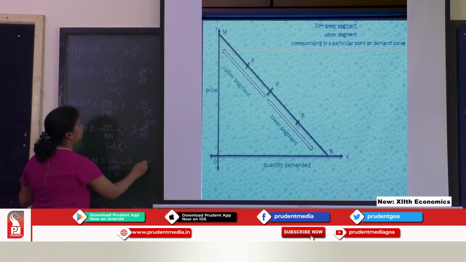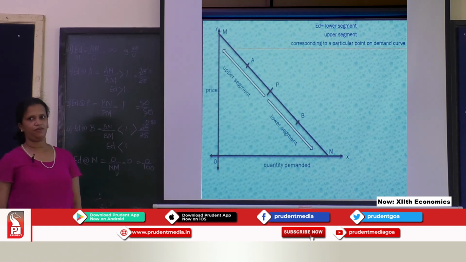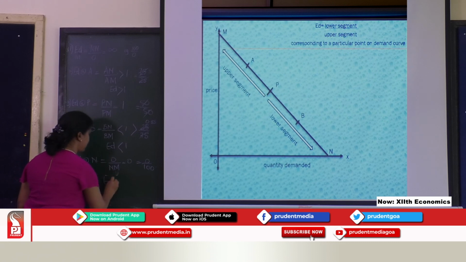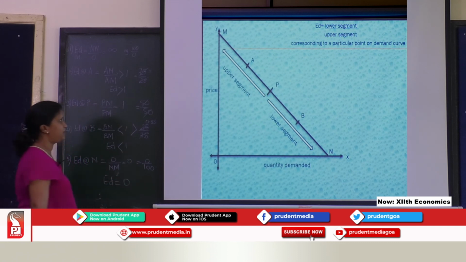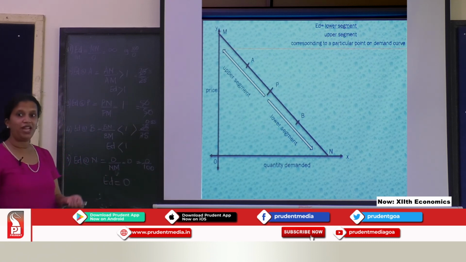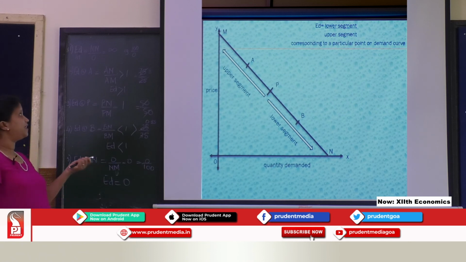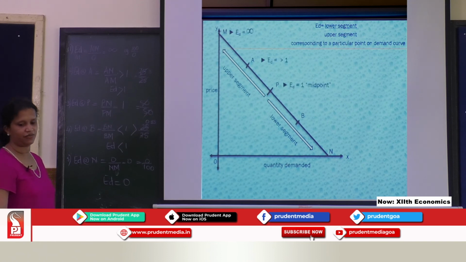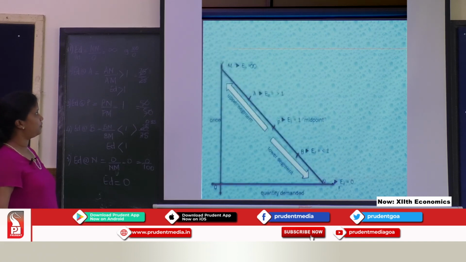So 0 divided by 100 would always be 0. So therefore, ED is equal to 0 at this point. So we have proved the elasticity at different points on a demand curve: greater than 1, equal to 1, less than 1, equal to 0.